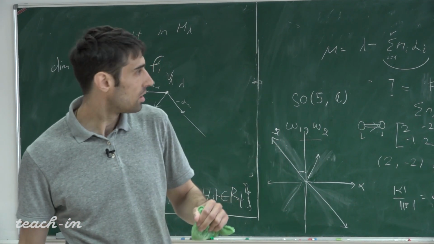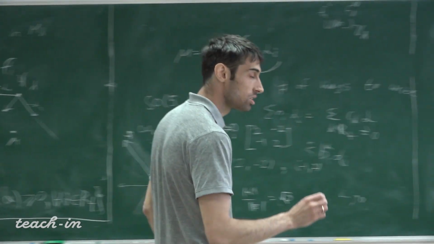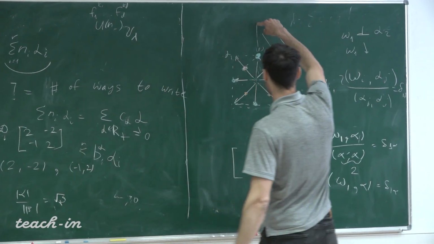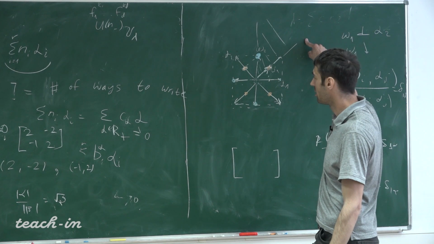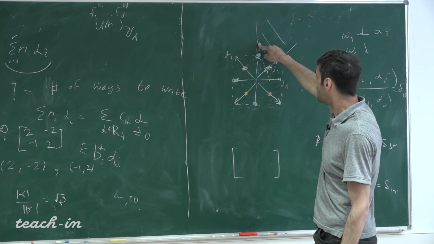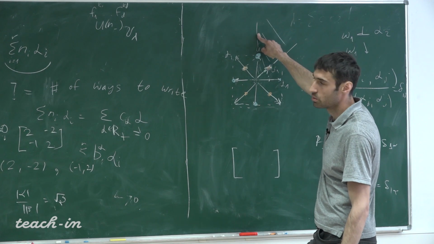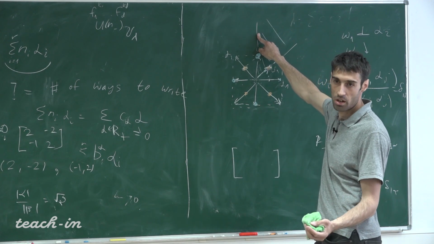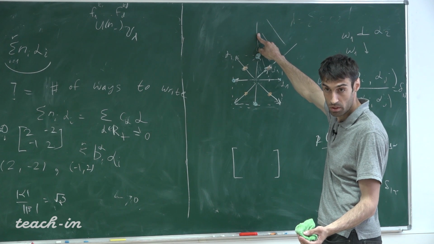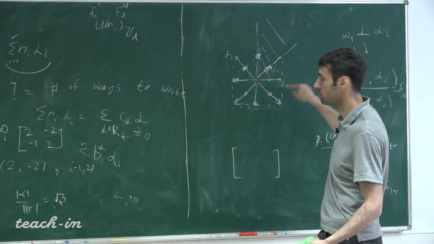Actually, it should be like that. If you are on the boundary of C+, then you can say something about the orbit of the action of the Weyl group. If you're on the boundary, you will have 4 points in the orbit.